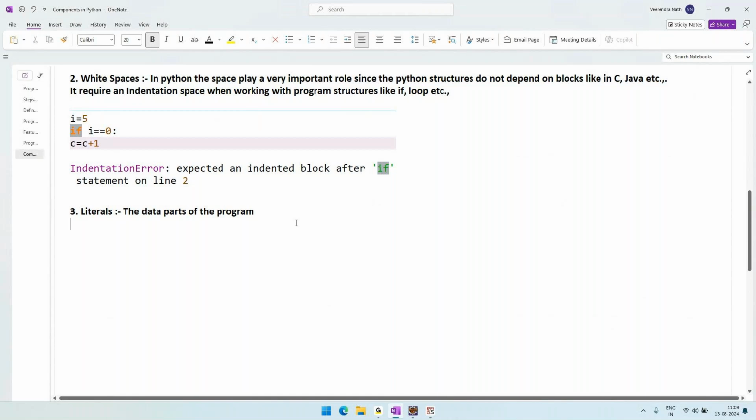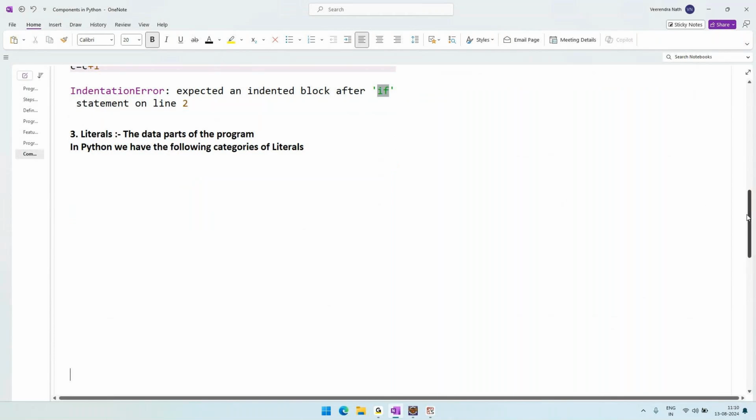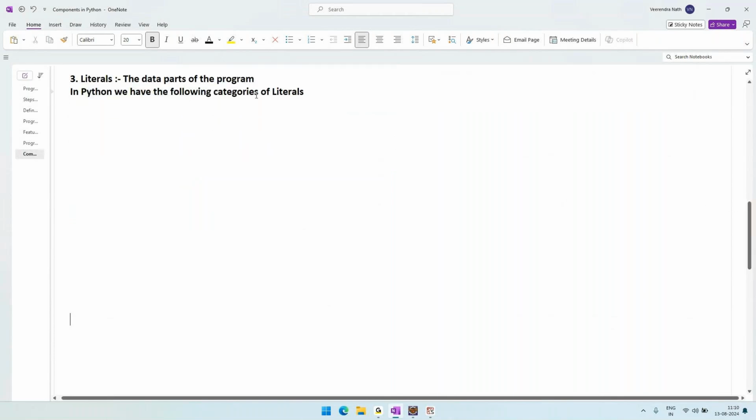Okay, in Python we have the following categories of literals.